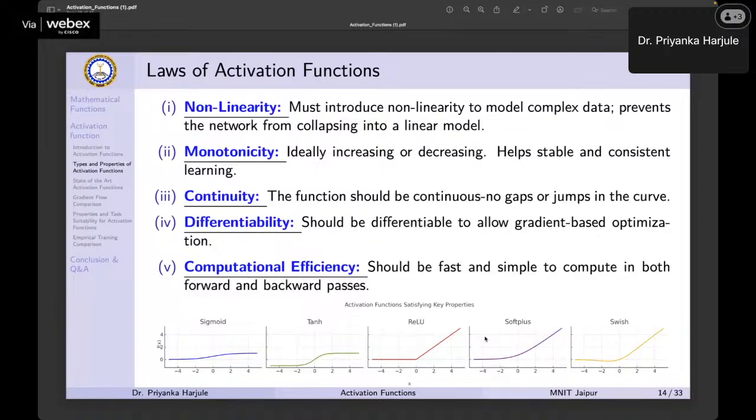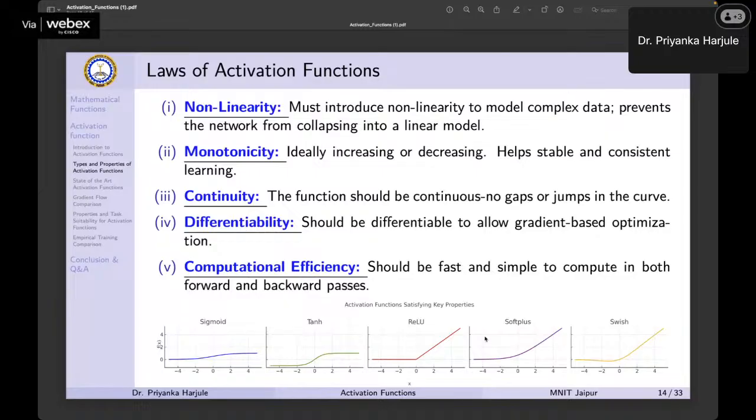Why is this useful? Because it helps the gradients stay predictable and stable, which improves training consistency. Next is continuity. It ensures smooth learning and avoids abrupt changes in the neuron output.